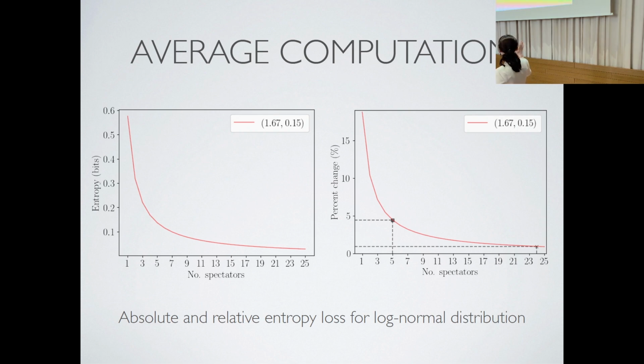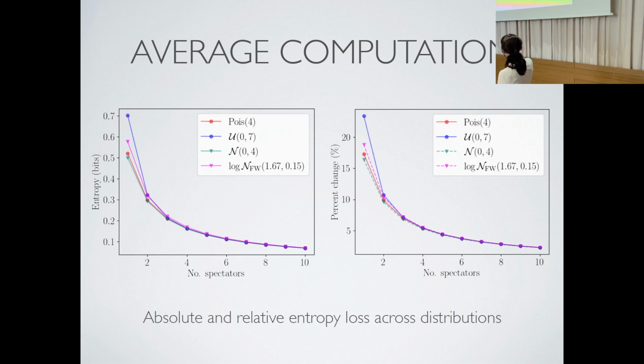The initial entropy is a little bit more than 3 bits in this case. When we overlay them one on top of each other, you see that even across different distributions they're very close. So with absolute and relative, they remain very similar. Once again, this is only for the sum function, which is very simple, and it's not necessarily going to generalize if we look at other functions.